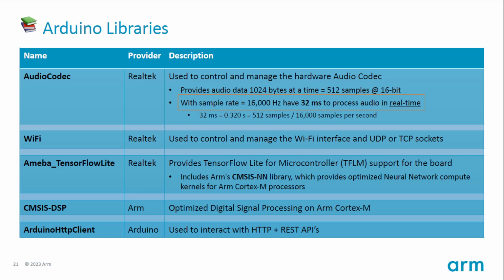And then finally, for the DSP steps to create the spectrogram, I used the Arm CMSIS-DSP library, which is also included in the Realtek package. And the last library I'm using is the Arduino HTTP client made by Arduino. So that will allow us to call the REST API from Twilio.